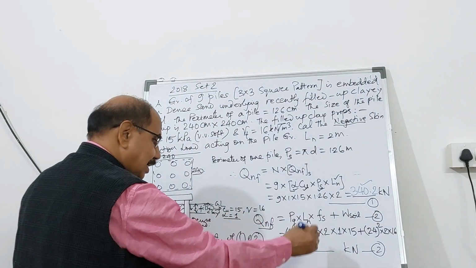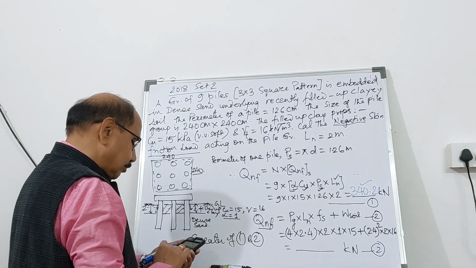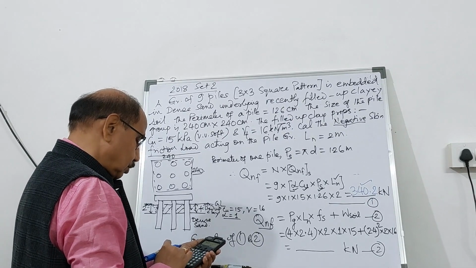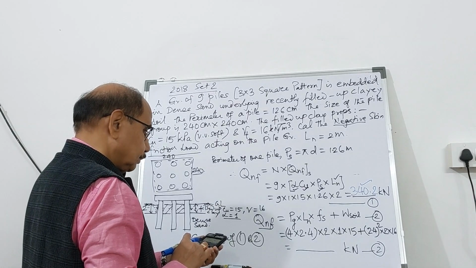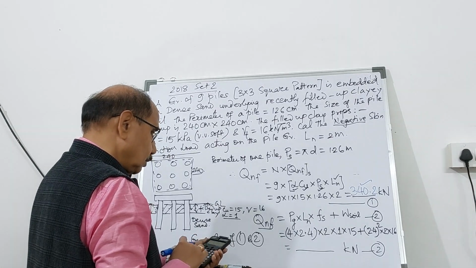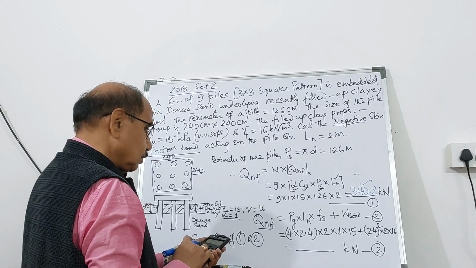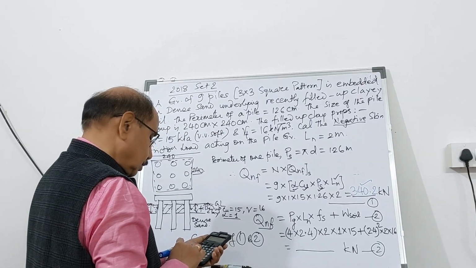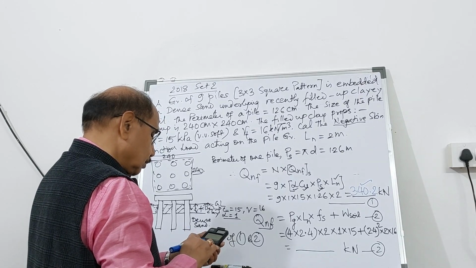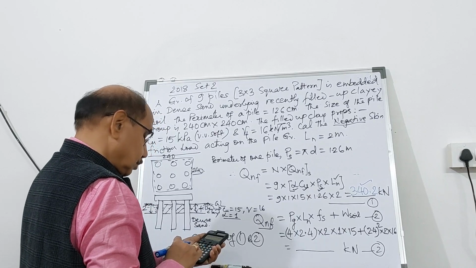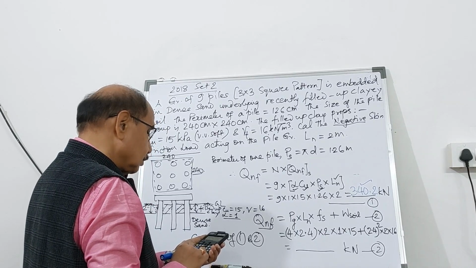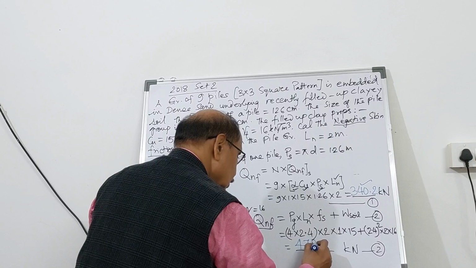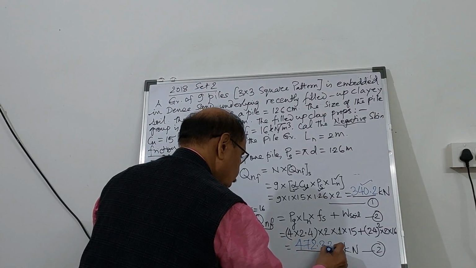And on group concept, let us calculate this. 4 into, 472.32.